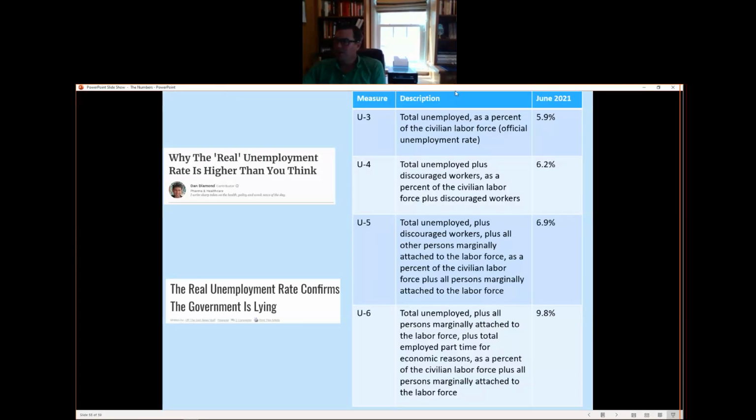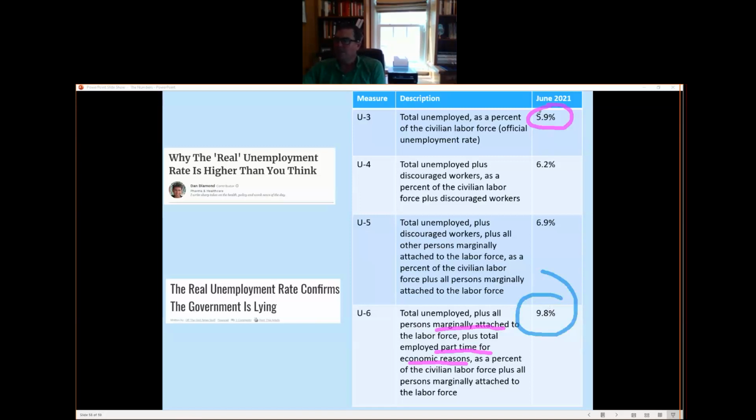So the normal unemployment rate is called U3. That's 5.9% right now. But if you count everybody, if you count the what are called marginally attached, that's basically discouraged workers, and you count those who are part-time for economic reasons, that is, can't find a full-time job, then you really find yourself at more like 9.8%. So this is a number that policymakers watch.